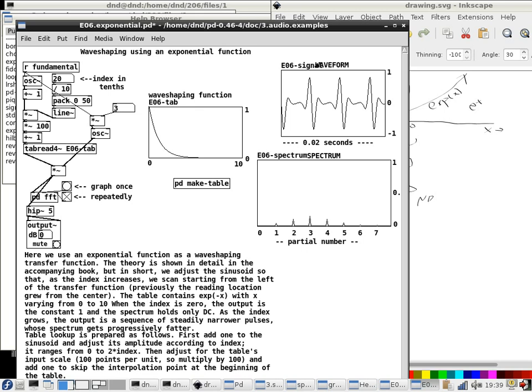Okay. Questions about what I just did here? If you want more about this, go into chapter 6 of my book, and the whole thing gets spread out in gory detail later. But this is just to tell you that that's there. Oh, right. And now that I've centered around 3, I can still change the index, which is now a bandwidth control.